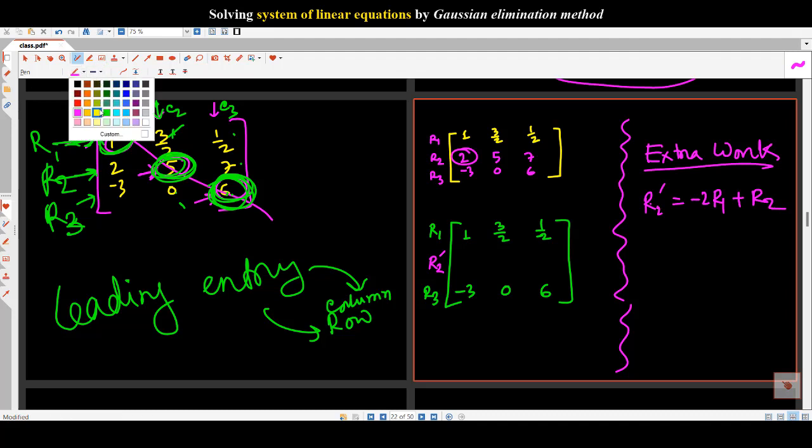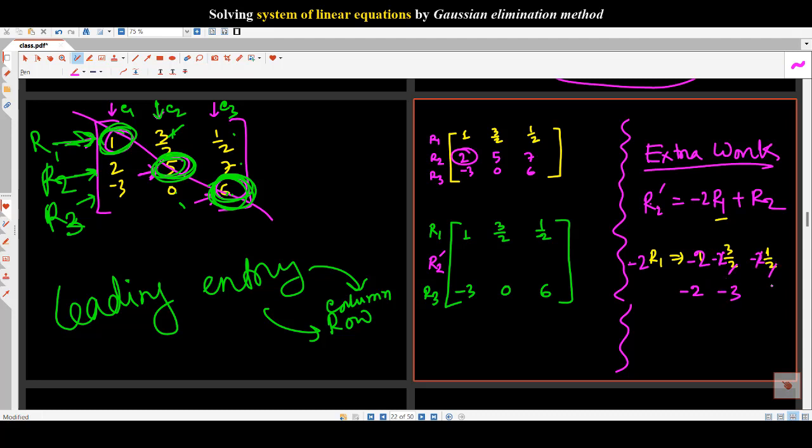So let's do this calculation. R1 values are 1, 3 by 2 and 1 by 2. If we multiply -2 with all the R1 values, it will be -2, -3, -1, since the 2s cancel. So this is -2R1. Now R2, I am just doing the rough calculation.